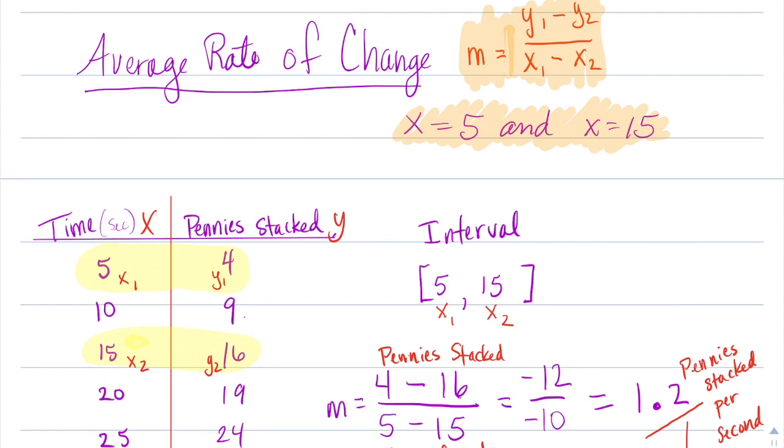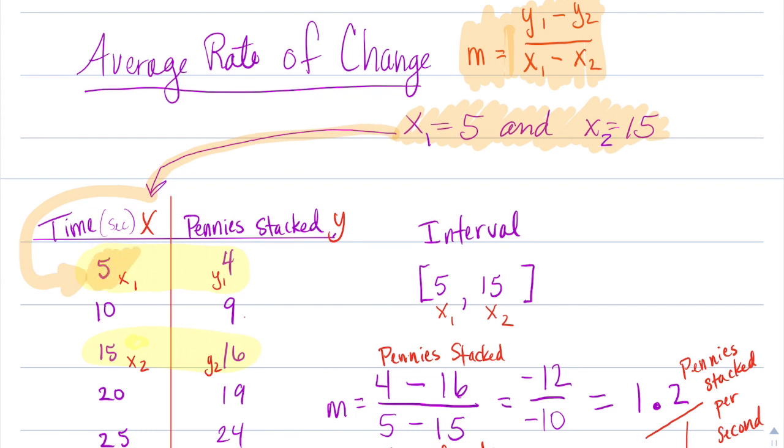Well, if we have two x's, we could say the first one is x1 and the second one is x2, we need y values that correspond with those. So I'm going to go over to my table, and I'm going to find where x is 5. So here we go. x is 5 right here.